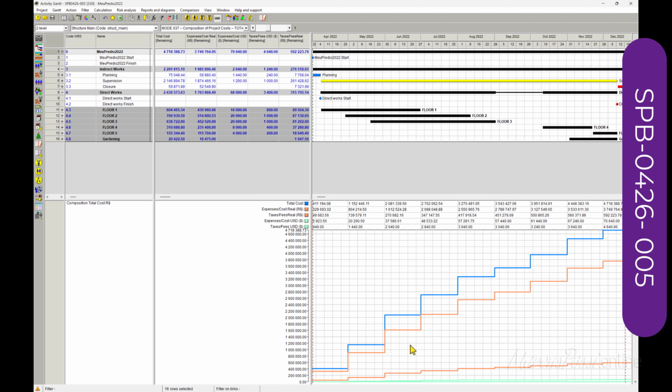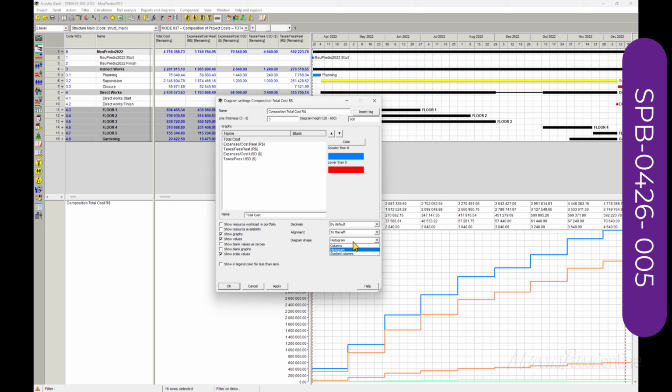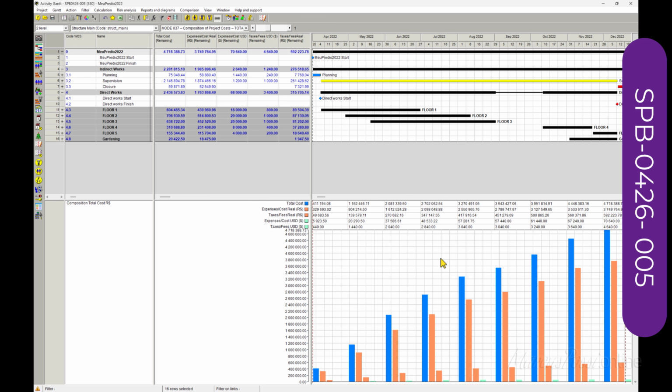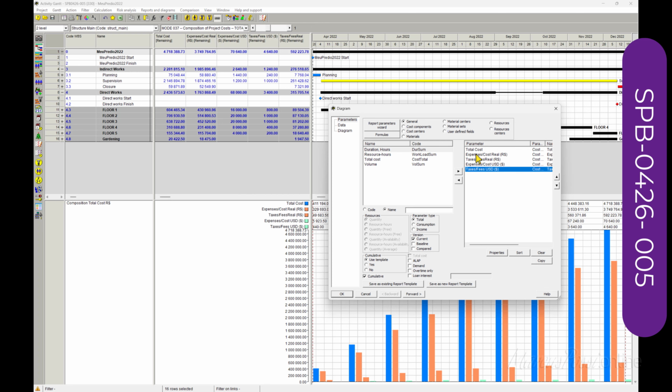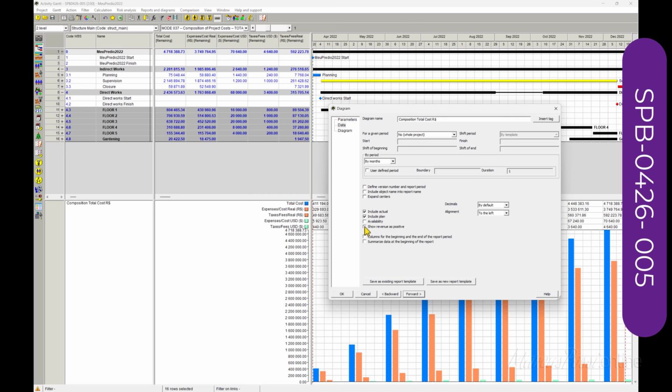Let's see here. Tax expense, okay. But if you decide to show it not in histogram way, but in columns, it will be nicer. Anyway, this is a way to show the cost center and its components, but you may also choose just the cost center and then check expand centers.